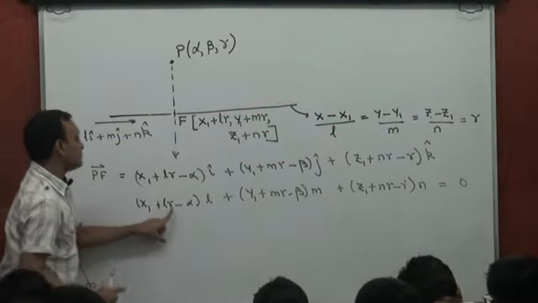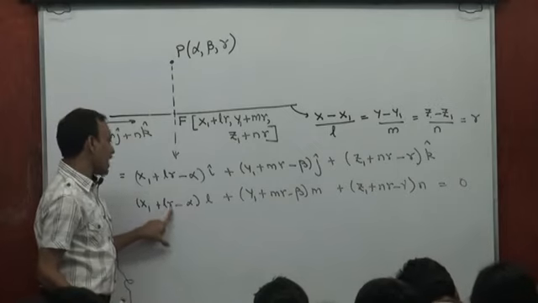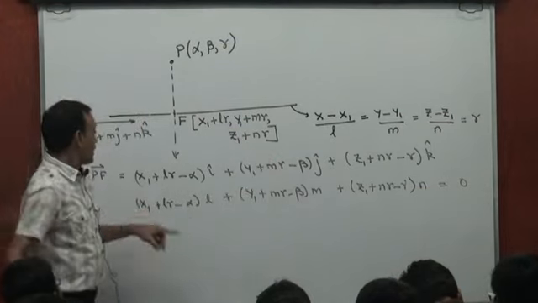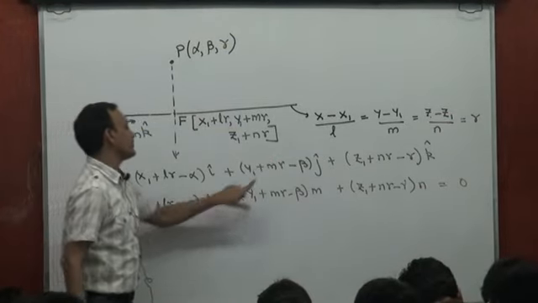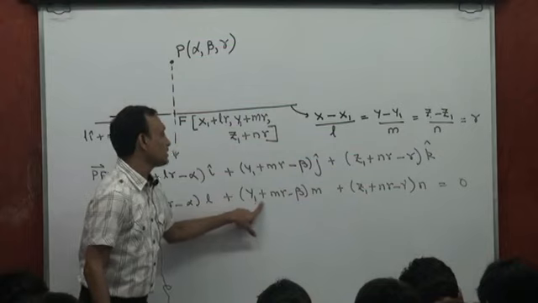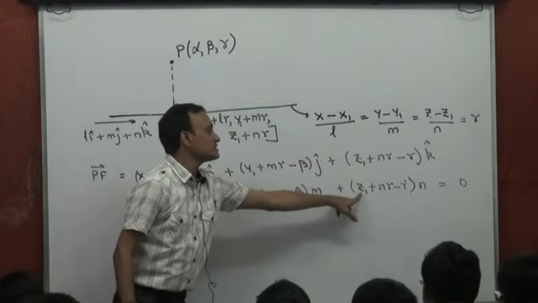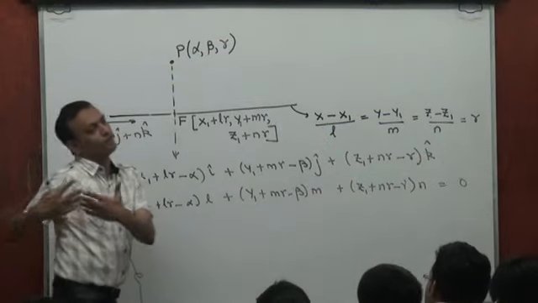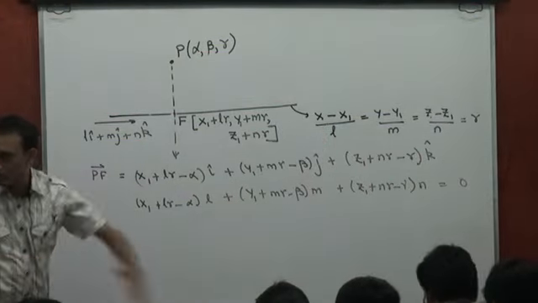And this gives me the value of r, because this is r into (l squared plus m squared plus n squared), which is simply r. And then the rest of the terms, (x1 minus alpha) into l, (y1 minus beta) into m, (z1 minus gamma) into n go on the other side, giving you the value of r. You know the value of r from this equation.